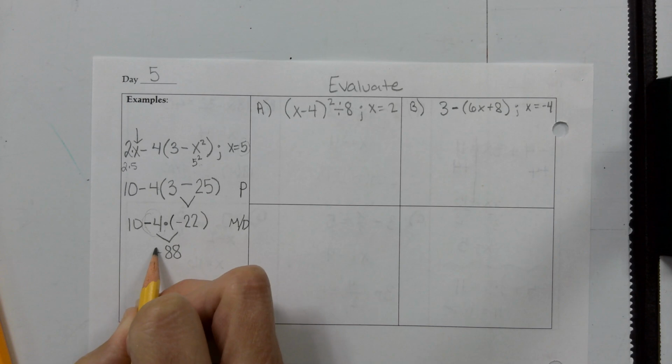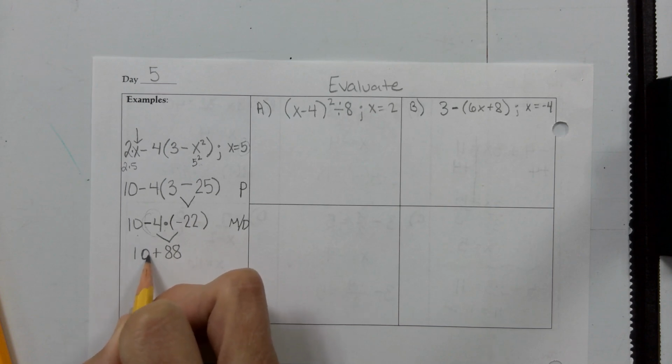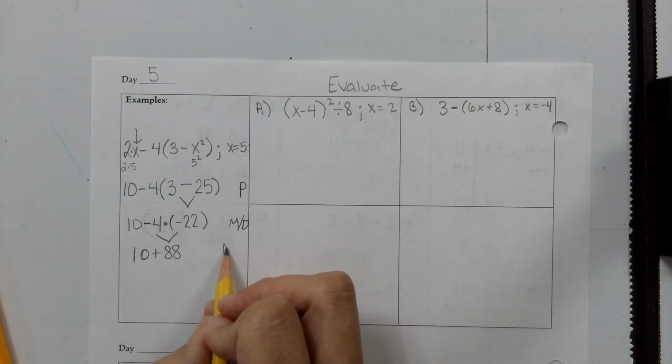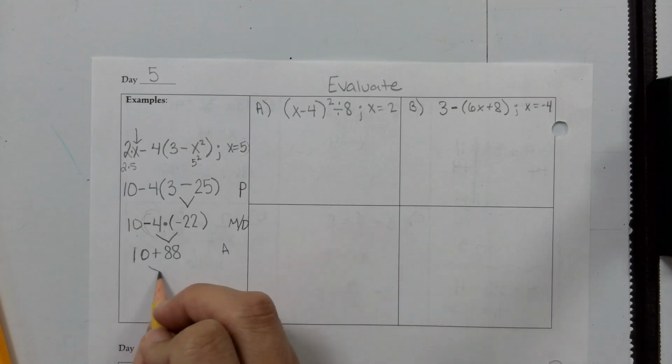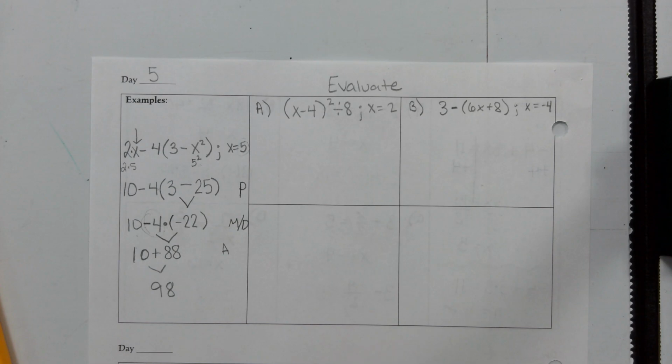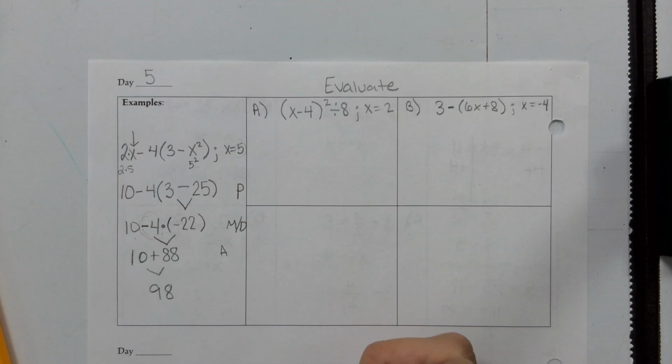If it's positive, I write plus. And since it's positive, we'll keep it plus. And then the 10 is going to come down here. Now I do my addition and subtraction. That's at the very end. So 98 is my answer. Okay, here's where you would pause the video to try this by yourself. But if you get to the point where you're frustrated or if you get to the point where you're not sure, you can always continue the video and see me work out A and B.